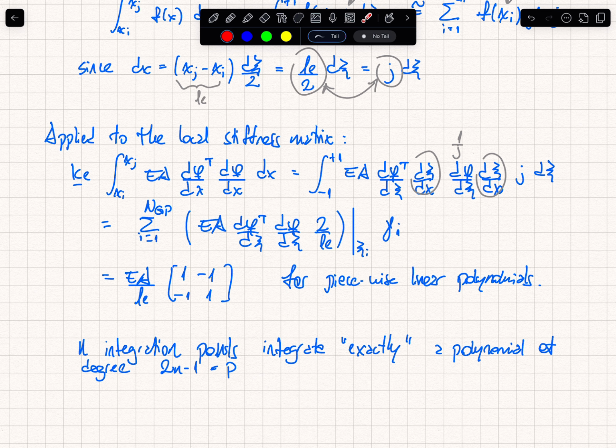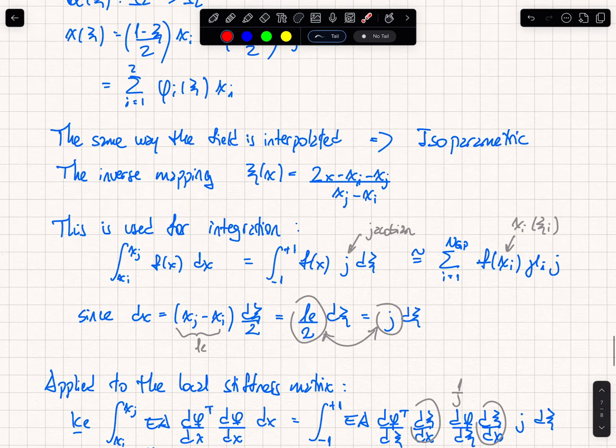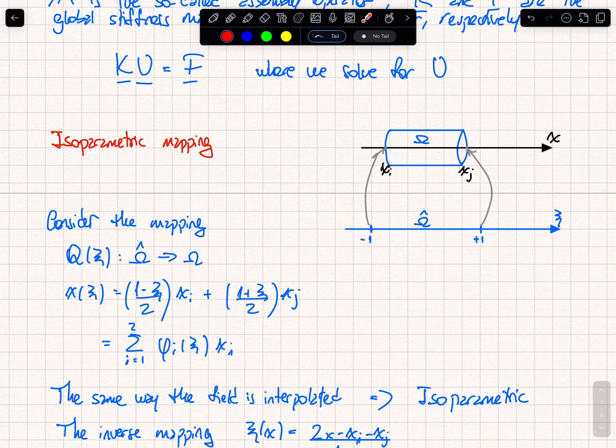We keep a linear approximation for the geometry, so this node goes to that node and that node goes to that node. That is basically the idea. And that is no longer an isoparametric formulation. We call that subparametric, in the sense that now my geometry is interpolated with a lower interpolation order.